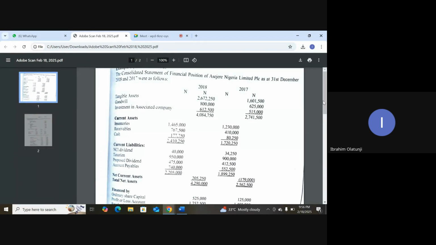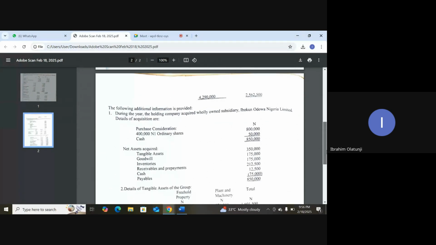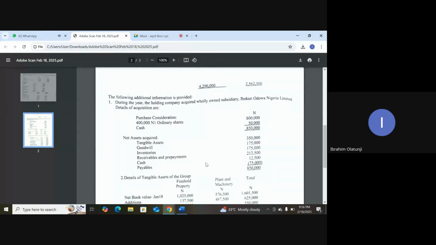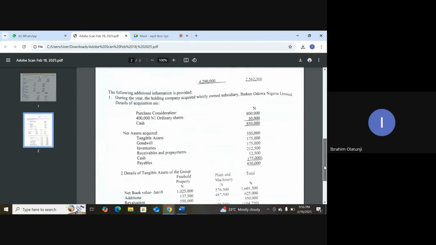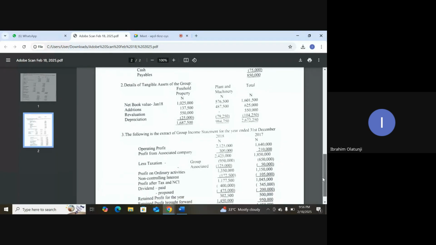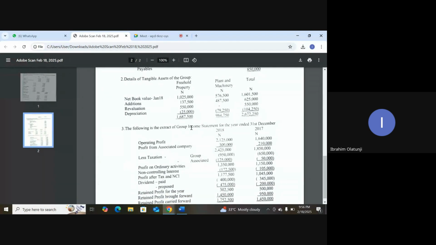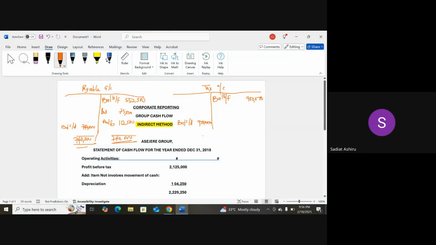Then we now go to our P or L, which is the statement of profit or loss. You can see income statement. You now go to taxation. What is the taxation of that group in 2018? 950.